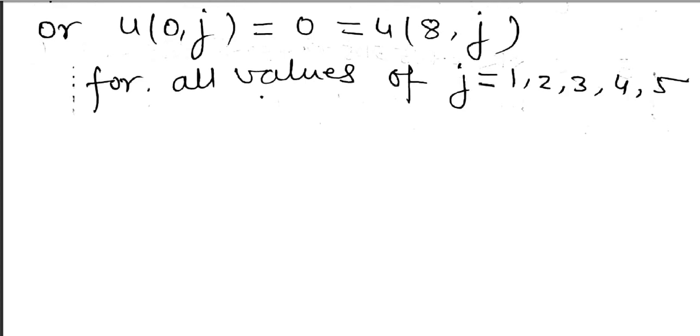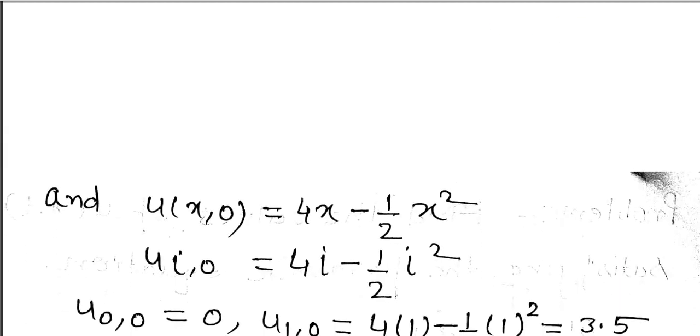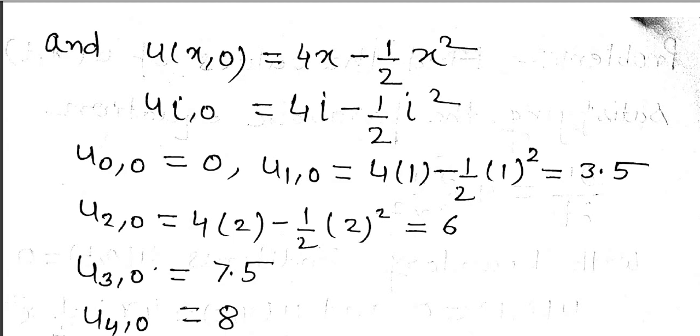So look at here. u(x, 0) is equal to 4x minus 1 by 2 x square.